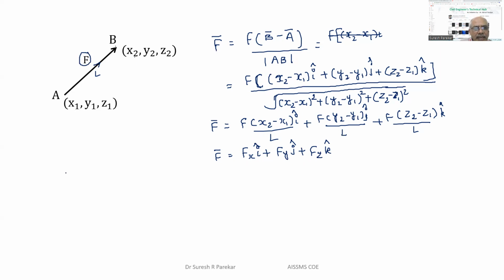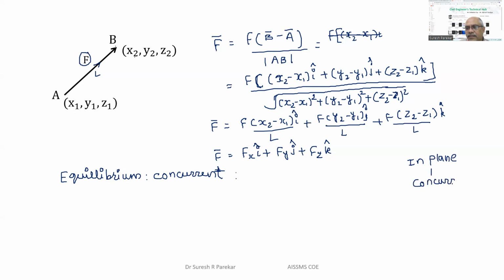Now, what are the equilibrium equations in this? So now we have three axes and we have equilibrium of concurrent forces only. We are not going to study a general force system in this. So we have a concurrent force system. Now if you remember, in plane we have a concurrent force system with only two equilibrium equations, Fx equal to 0 and Fy equal to 0.